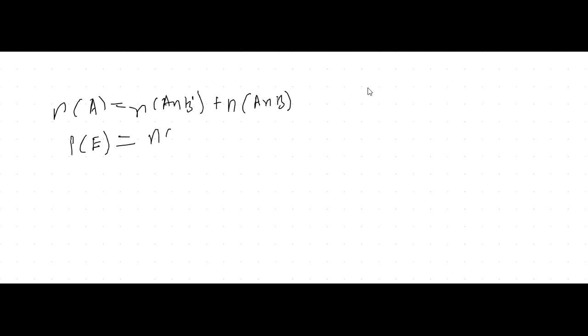So what we are going to do, we had number of A is equal to number of A intersection B prime plus number of A intersection B. Since we are aiming at creating probability, our definition of probability of E is number of E divided by number of sample space, which is the universal.